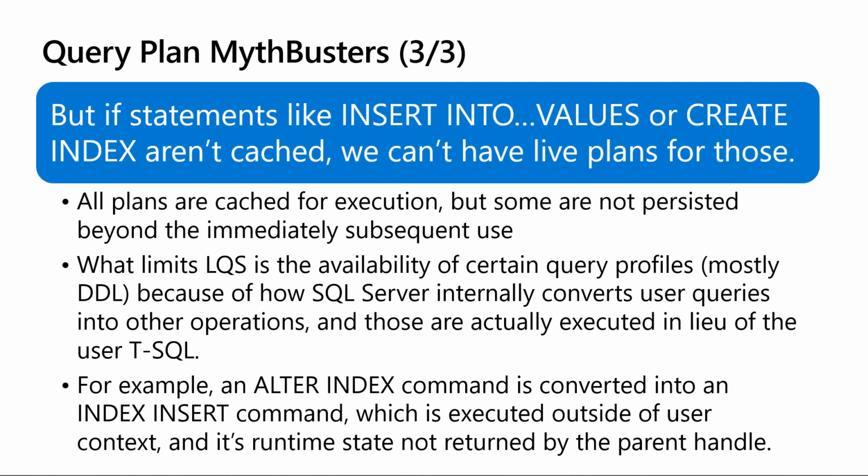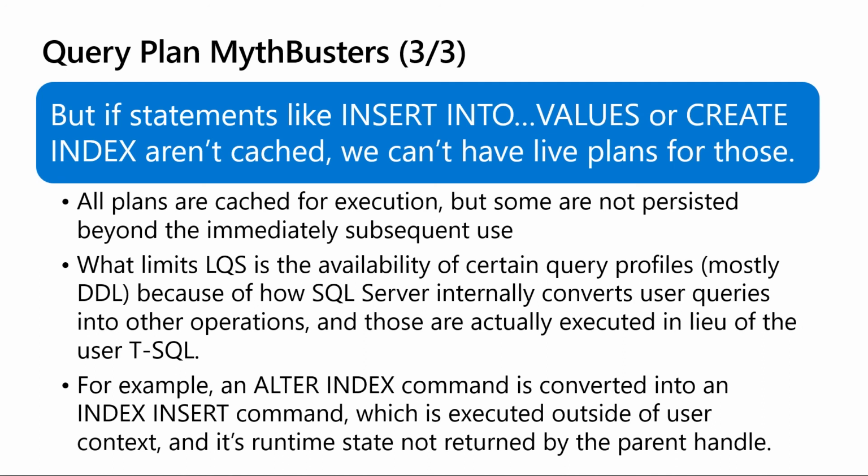The other case that may limit which plans you can see through live query plans versus ones that you can't see is actually the availability of that information, the query profile, as it's called. And this happens mostly with DDL. Why? Because there are certain types of statements that SQL Server internally converts into other operations.